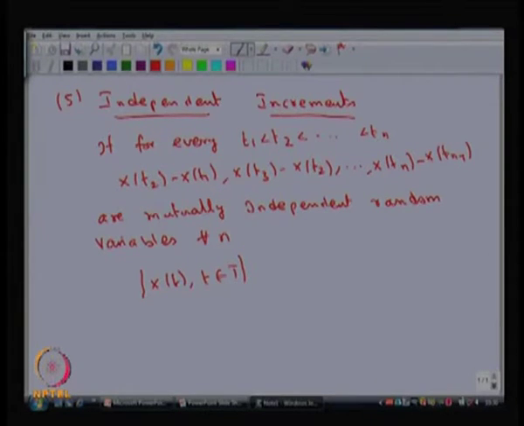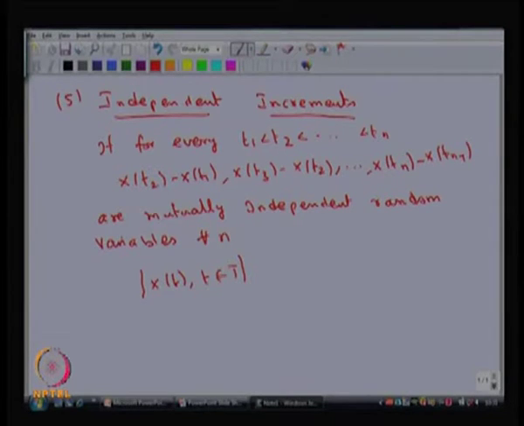Suppose these n random variables are mutually independent, for all n. Like that, if this property is satisfied, then we can conclude the corresponding stochastic process has the property of independent increments.